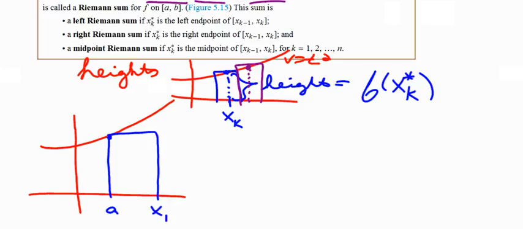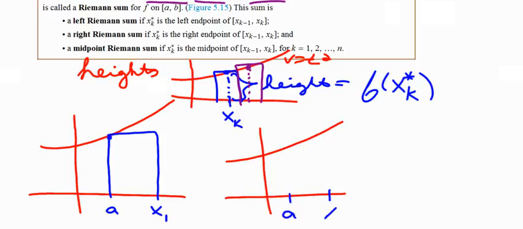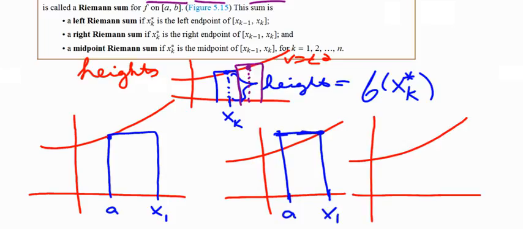If I want to do the right corner, oops, not quite level there, my right corner of the upper side of the rectangle, upper width. And then the midpoint would be like the ones I had already drawn, where the midpoint between a and x sub 1 is halfway, and that's the part of the rectangle that is touching.